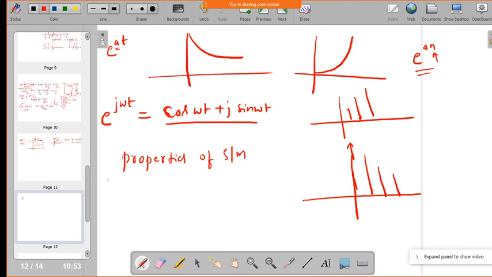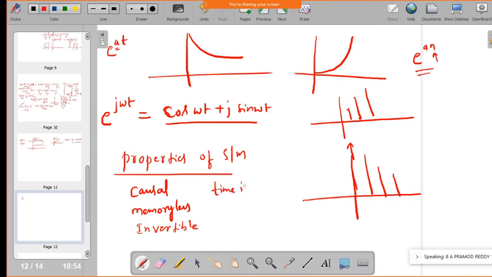Properties of system: causality, stability, memory, memoryless, invertible, time invariance, linearity, non-linear. Time invariance and linearity are important. Okay, time invariance and linearity, and stability. Okay, and stability.